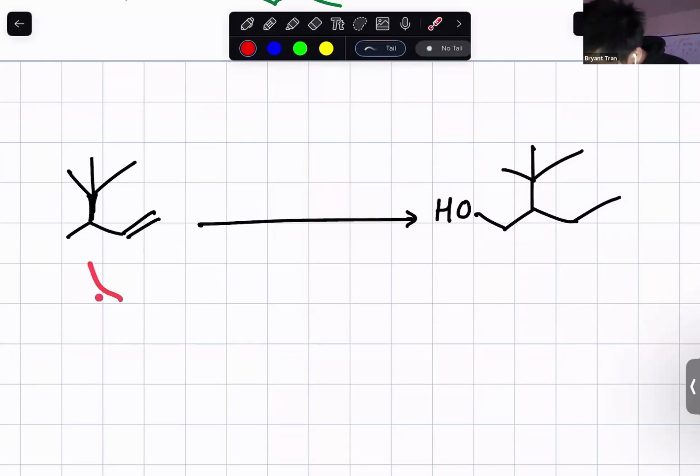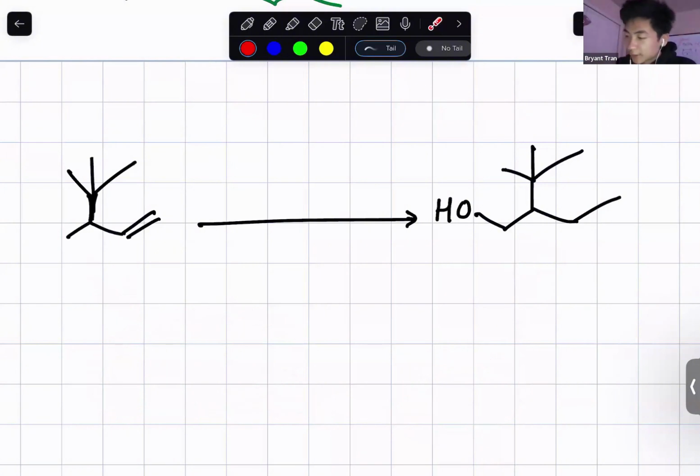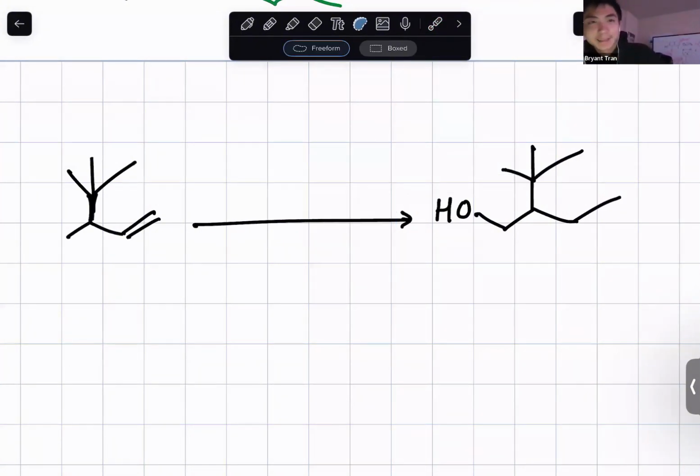Let me see. This will create that, and then after we have formed that, we create this. And after we create that, we go straight to there. Okay, yeah. This one here should be doable now. Okay, try this one here.